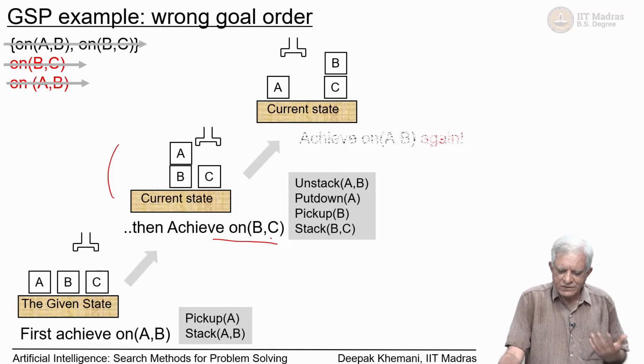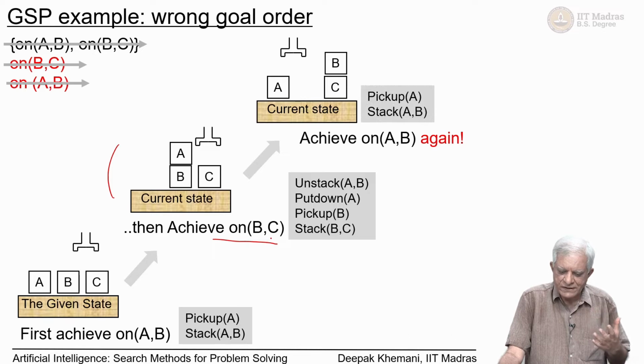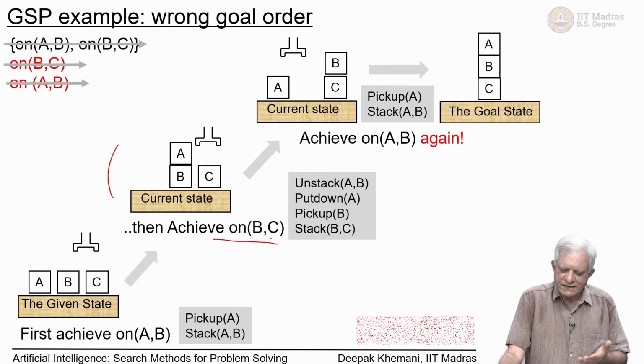That is one of the reasons why we added the compound goal to this thing, because we check that it is not true, we push it back again, and then this time it will see that it has a goal to achieve, which is pick up A and stack it on B.